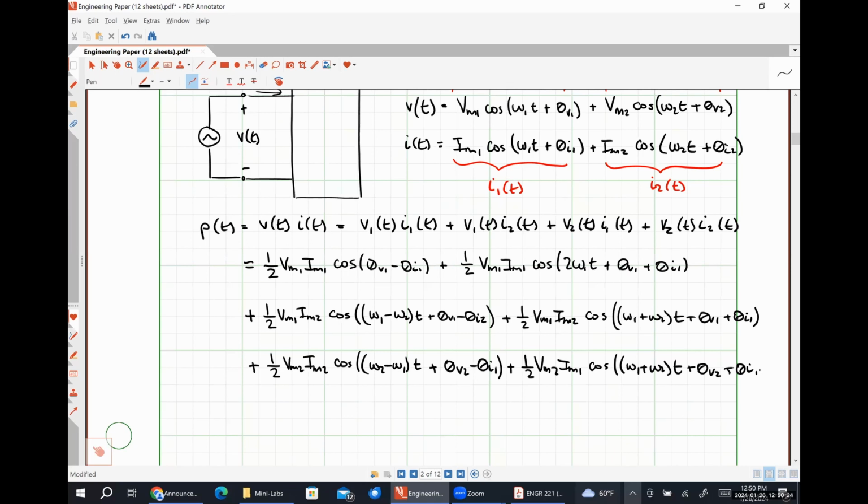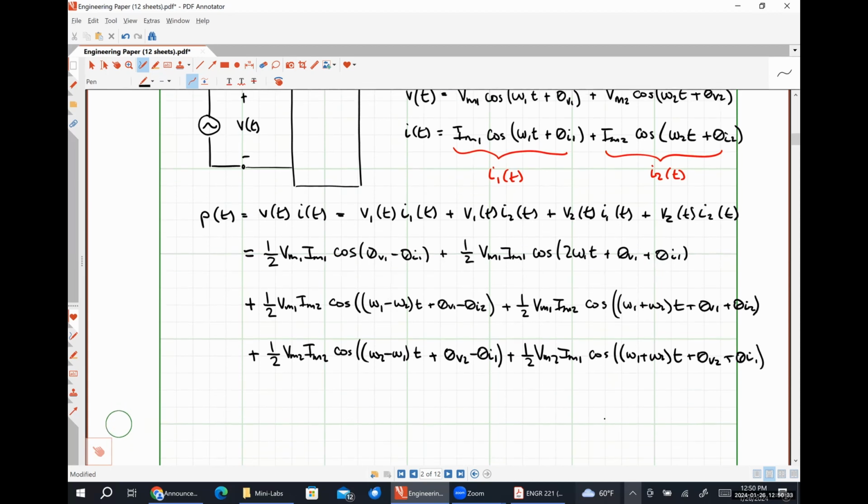Hold on. Sorry, this theta I1 up here should have been a theta I2. Now I'm multiplying V2 times I2.